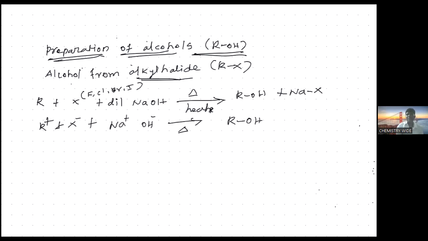So this is minus charge, this is positive charge. So this OH is going to pick up this alkyl. So we get alcohol.